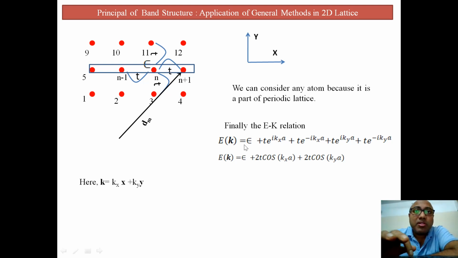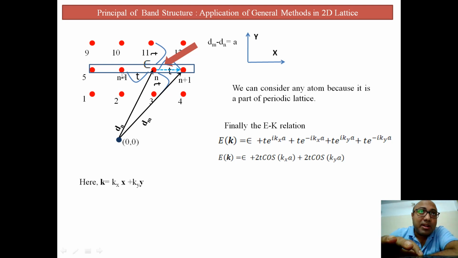So first, what is my EK diagram? First epsilon, you have to take epsilon over here because of the nth point. Now this is my ax. So t to the power ikxa, and this part is equal to t to the power minus ikxa. Now what about this one? It's actually the positive y direction.